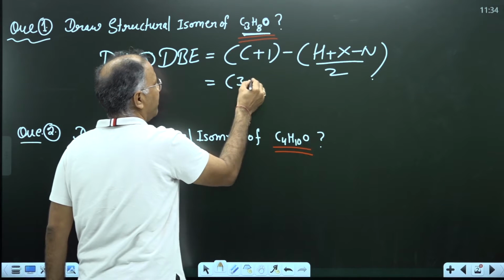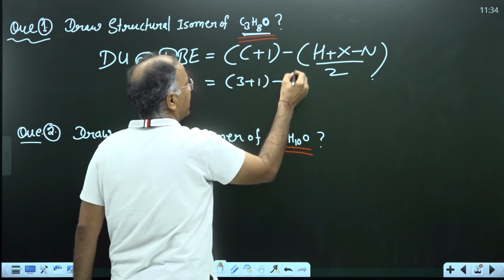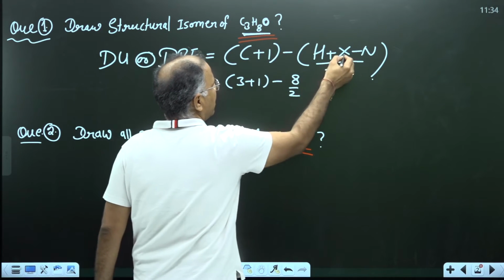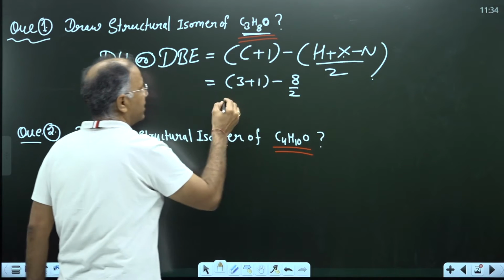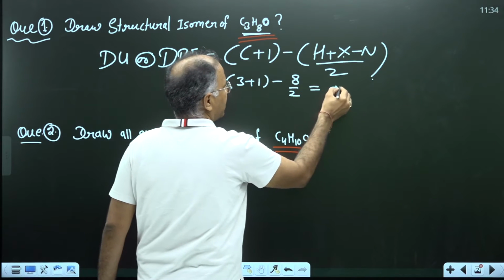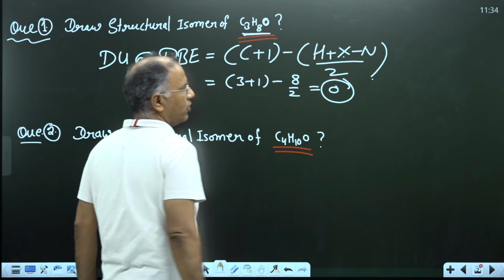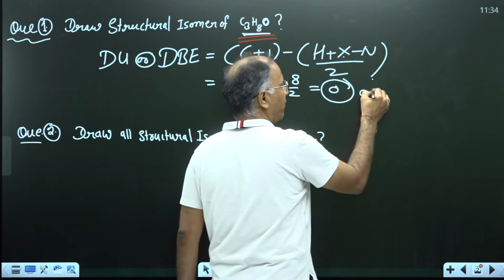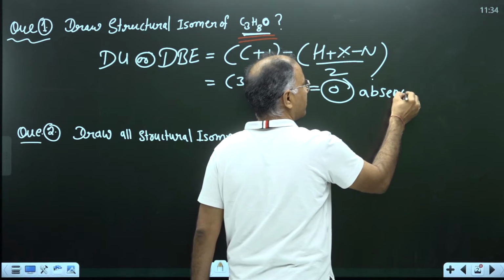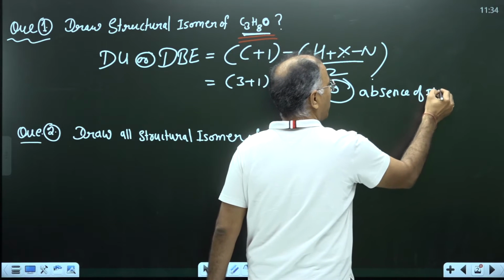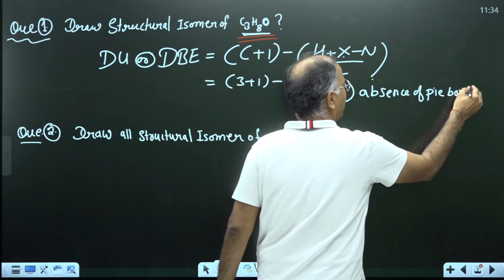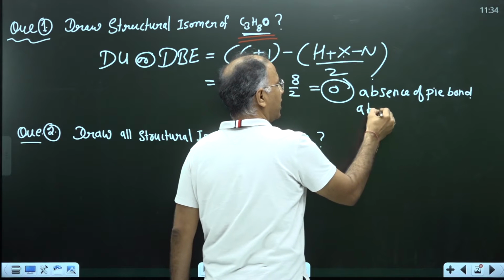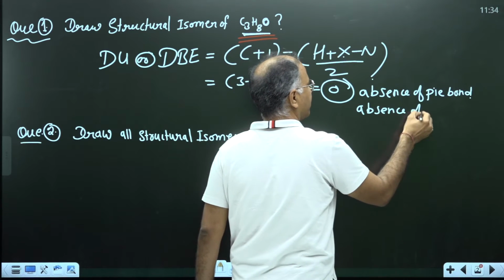This means it is 3 plus 1 minus 8 hydrogen by 2. Halogen is 0, nitrogen is 0. This means in this case the degree of unsaturation is 0. 0 degree of unsaturation means there is absence of pi bond. This molecular formula does not consist of any pi bond, and there is also absence of ring.